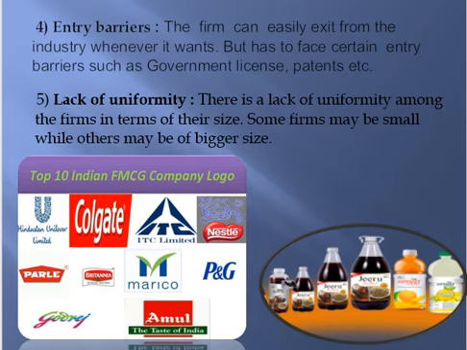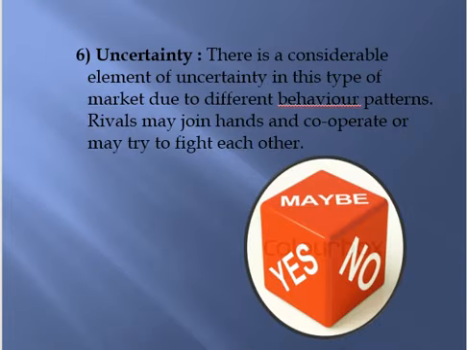Then we have learnt about the lack of uniformity. It was in terms of the size of the firm. It can be smaller also, and it can be bigger as well. And the last point was uncertainty, wherein the behavior pattern of the rival firm can never be predicted. And that is how we are going to complete today with part 4 of this chapter.